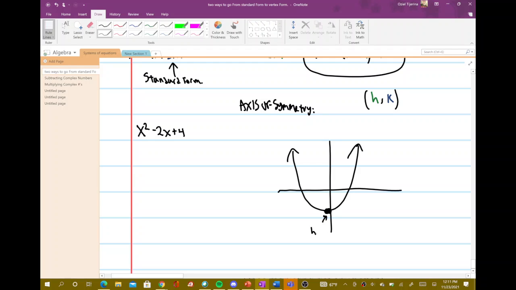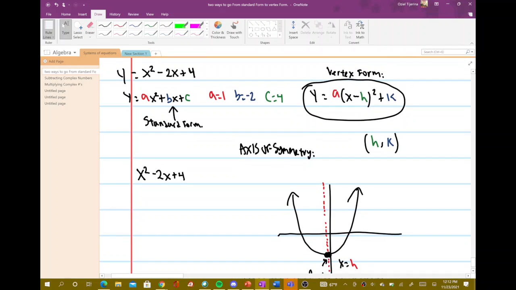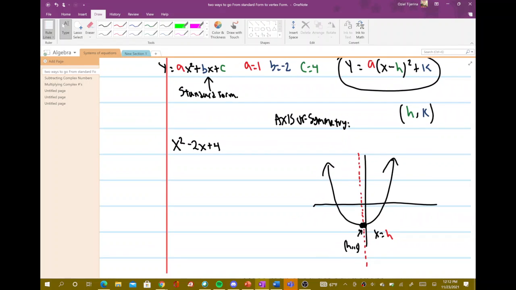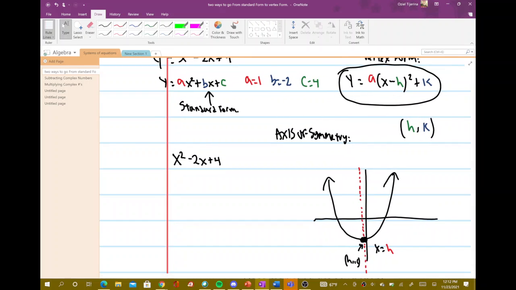This is (h, k), and the axis of symmetry is this line here. It's like a line that mirrors the parabola. And this is what we call x equals h. So that's the idea. We're going to find our axis of symmetry, and then plug it in to find our vertex.